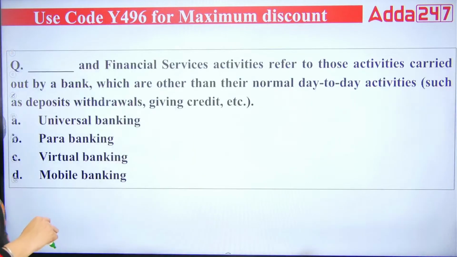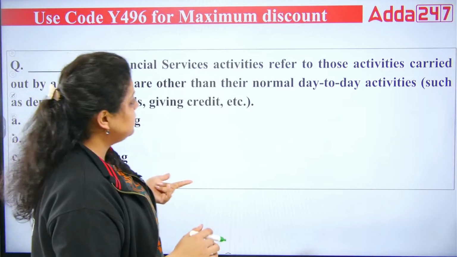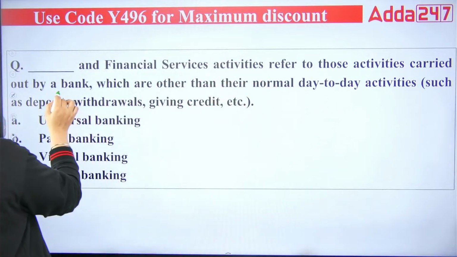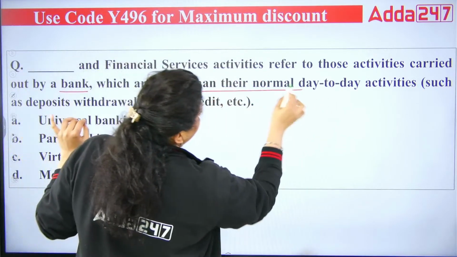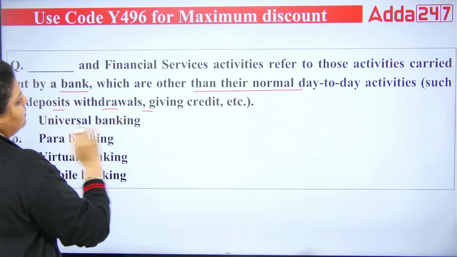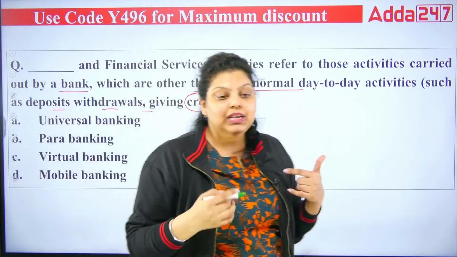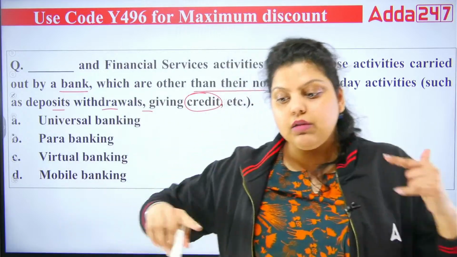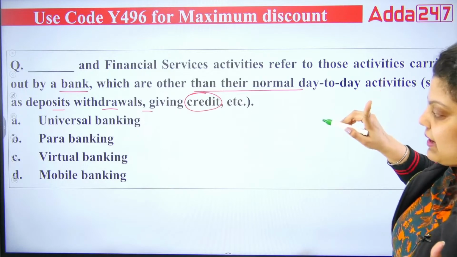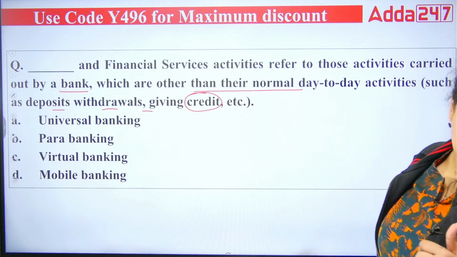Okay. Next question we have is talking about dash and financial services activity, which refers to those activities carried out by a bank which are other than their normal day-to-day activities such as deposit, withdrawal and giving credit. So what type of banking are we talking about here? Is it universal banking? Is it para banking? Is it virtual banking? Is it mobile banking?